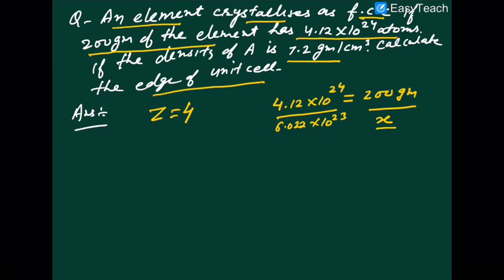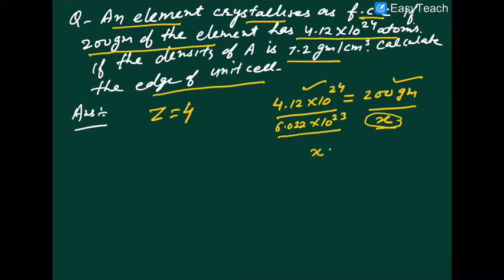So first we arrive at the molar mass of the compound. I am repeating once more from this line. If 200 gram of the substance has that many atoms, then Avogadro number of atoms in how much mass?